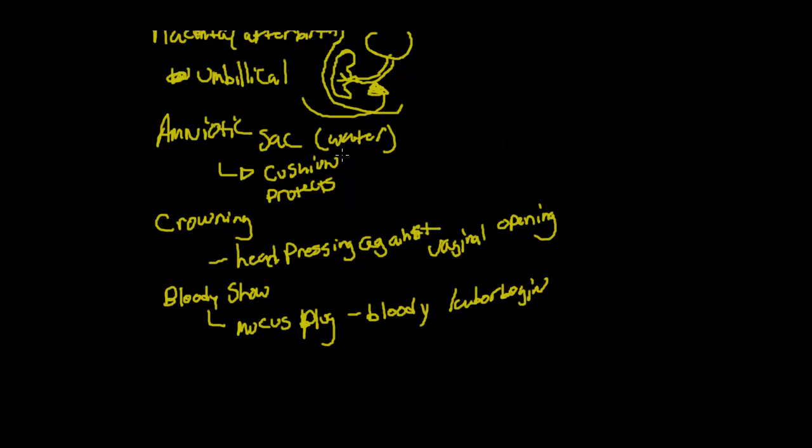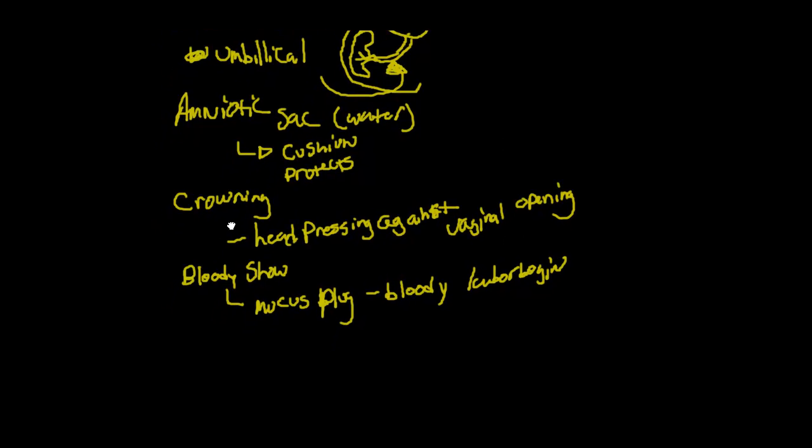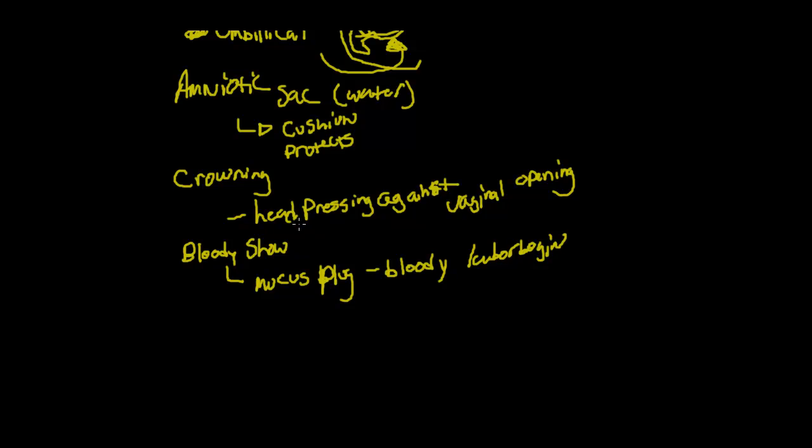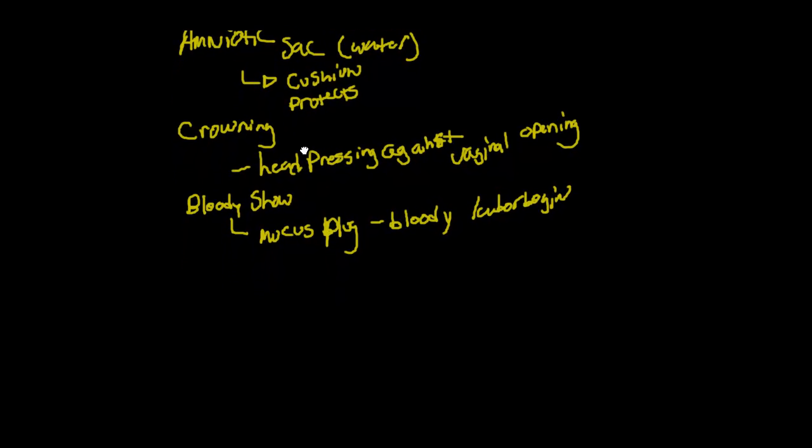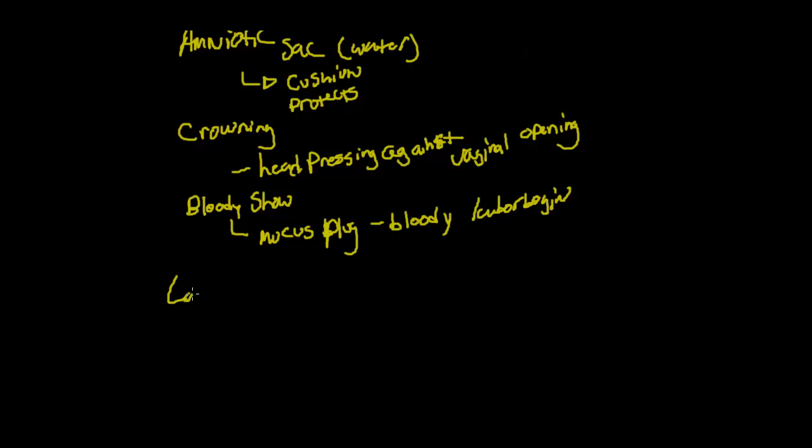This may accompany the water breaking as well, so it might have bloody show and then the water may break. And then you have labor, and labor has 3 stages. In the first, when labor begins, you'll have uterine muscle contractions.